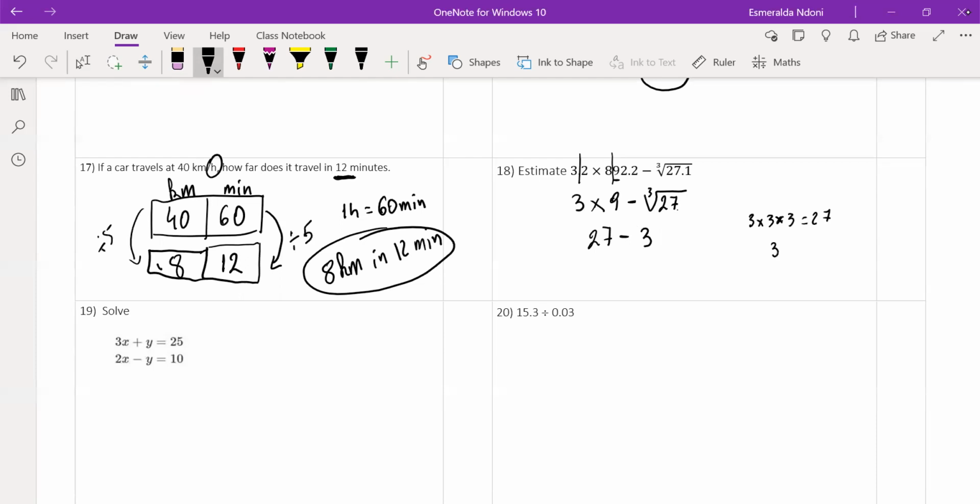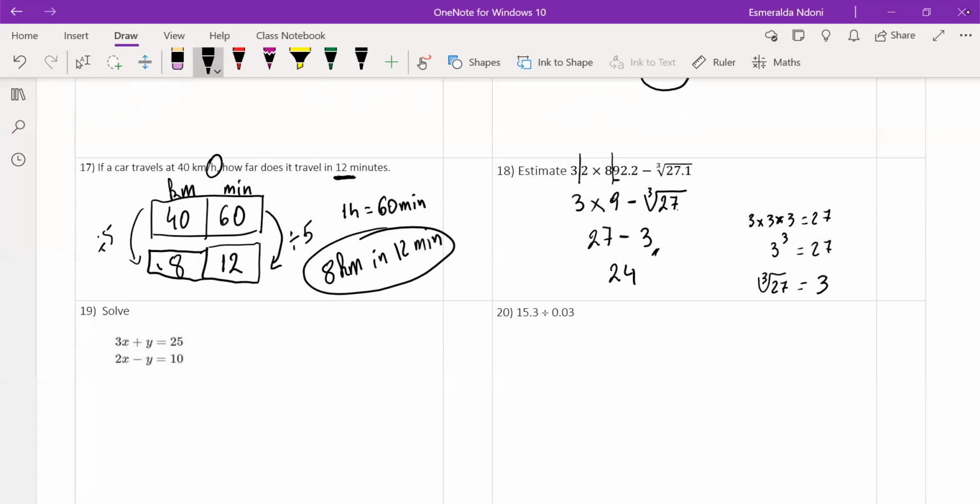So it's 3 cubed is 27. So the inverse of it is the cube root of 27 to be 3, just in case you wondered where that 3 came from. Now working it out, the answer is 24.